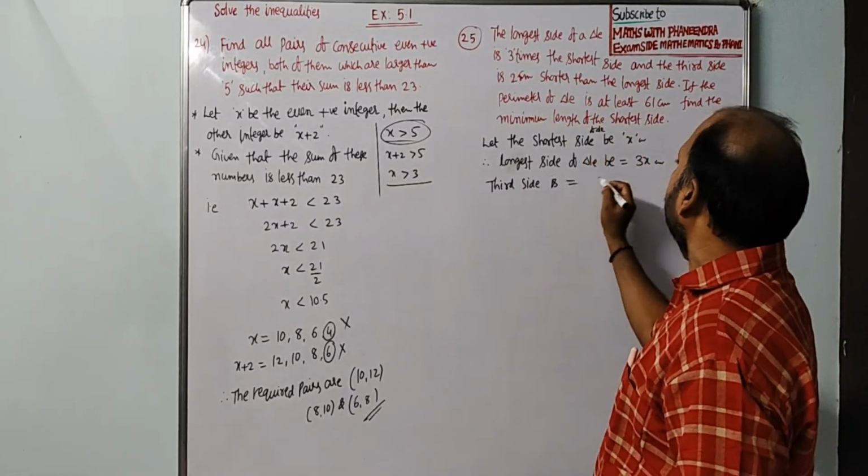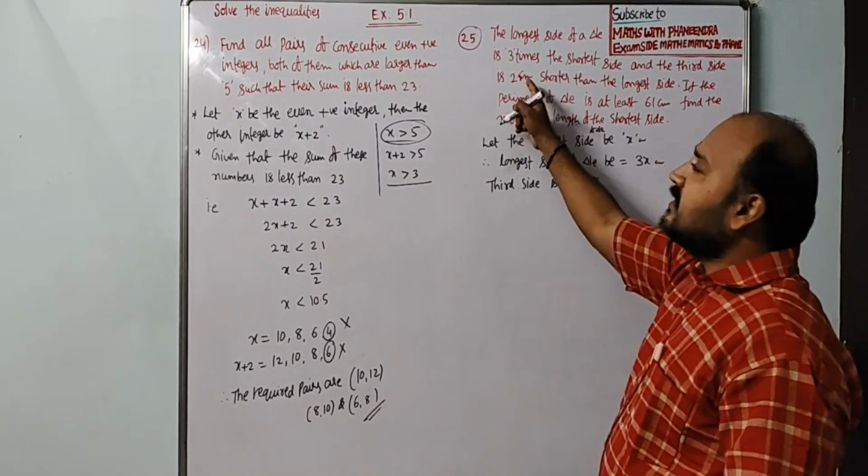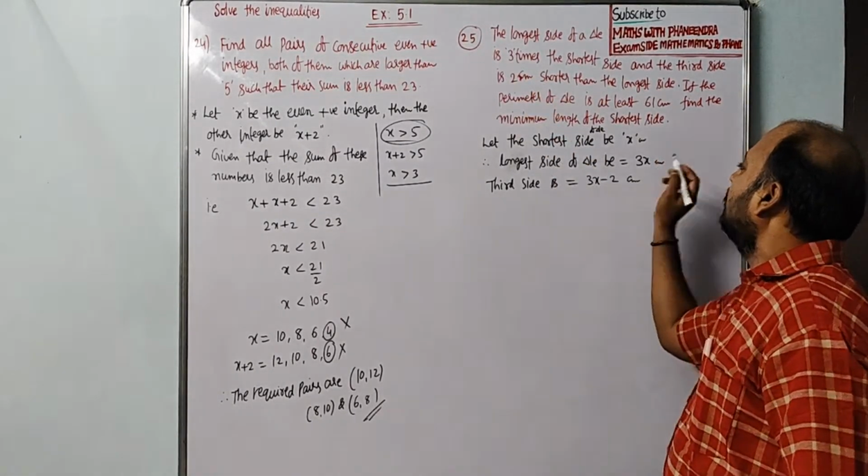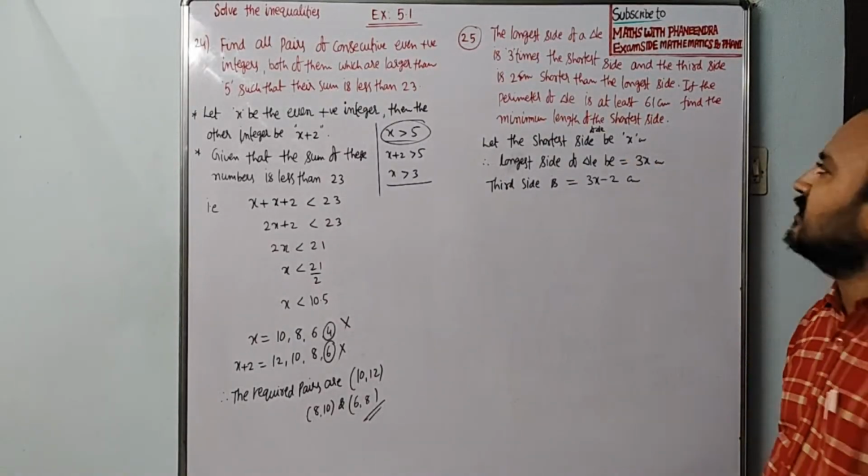The longest side is 3x. 2 centimeters shorter means minus 2 centimeters. This is the way you have to consider, dear students.